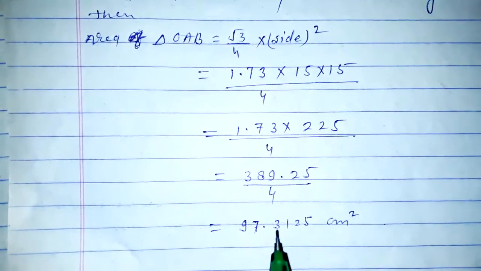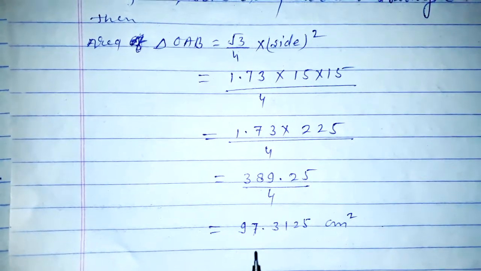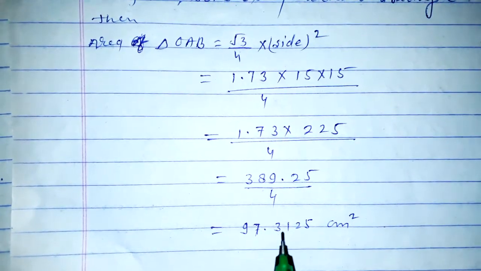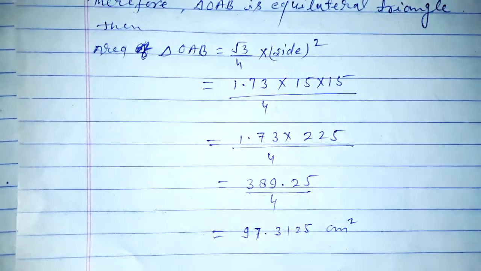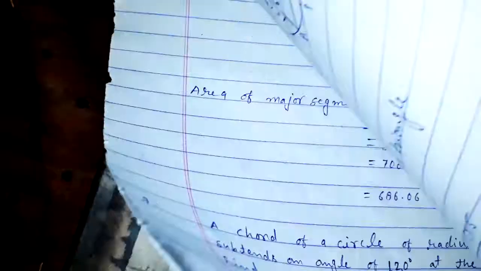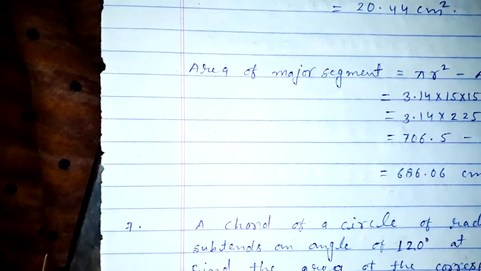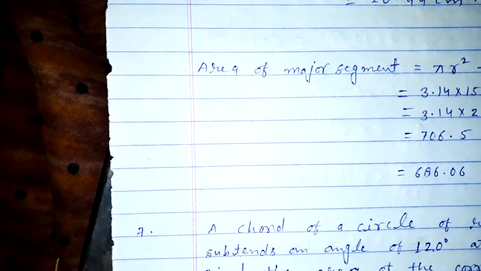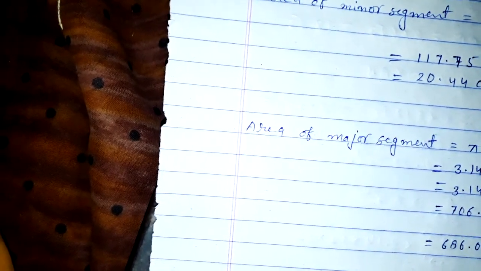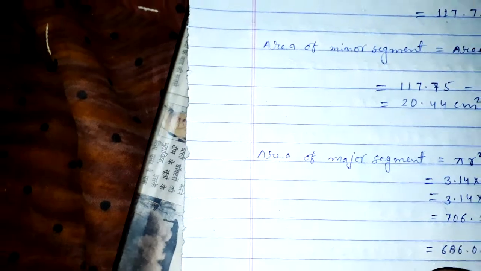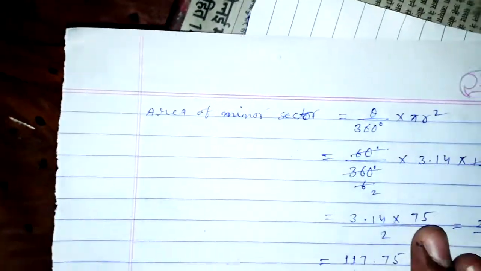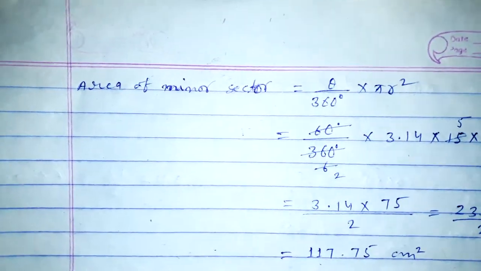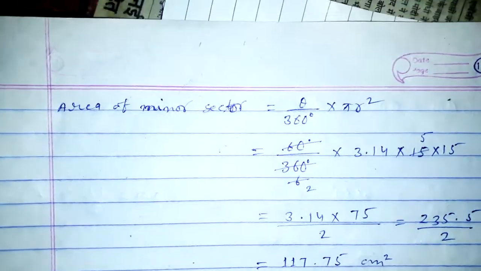You will use this value also, 97.31, two digits of decimal. So again solving this question number 6 also.